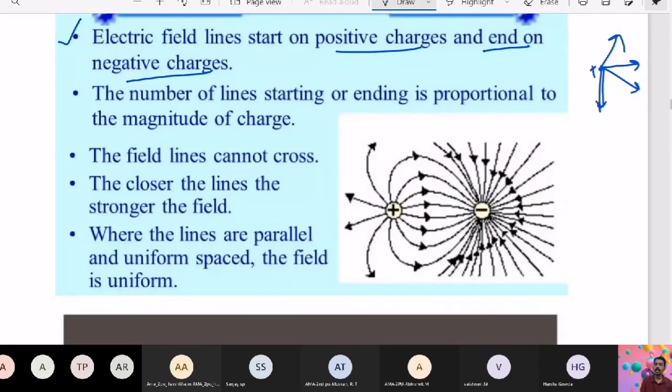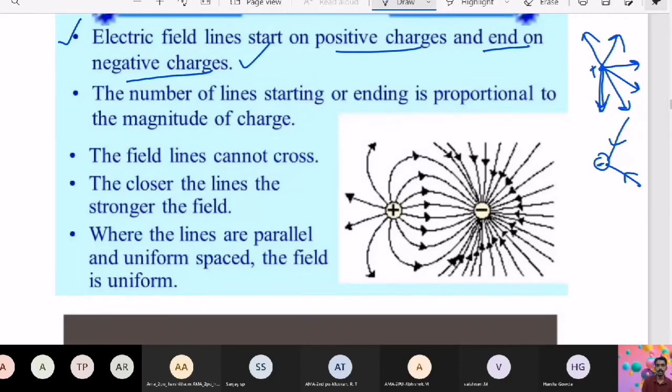If you take negative charge, it looks like it is coming onto negative charge, so it ends on negative charge.